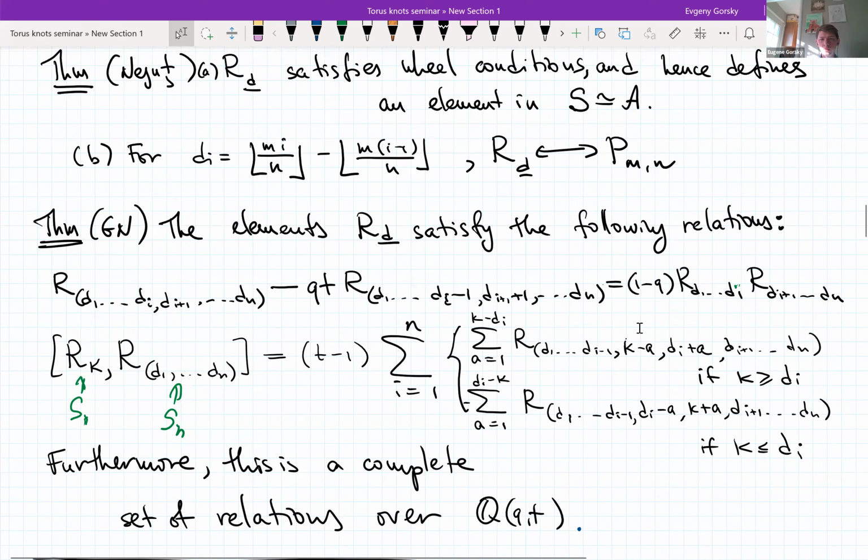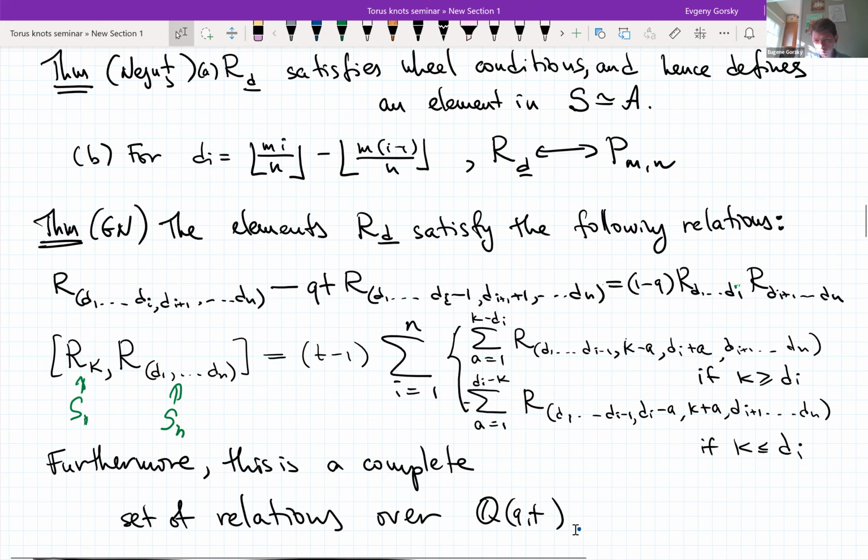And then if you impose these relations, you can recover all the relations in the shuffle algebra and in the elliptic algebra by some complicated procedures. I'm not explaining this, but basically this is the thing that we want to work with.